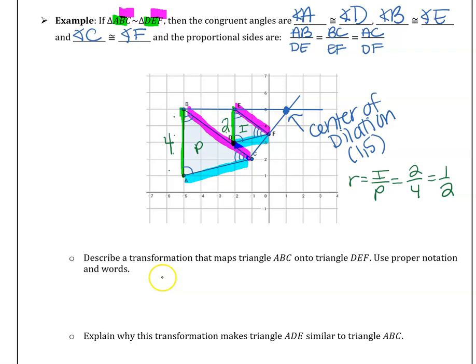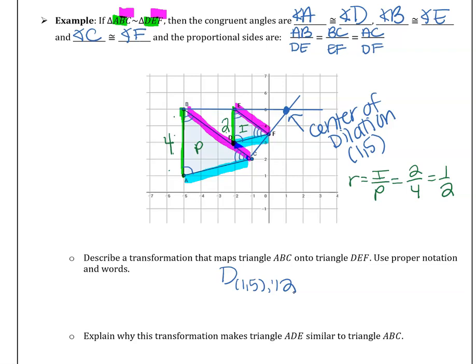All right, so writing it out in notation, I know that we dilated the triangle about the center 1, 5 with a scale factor of 1/2. Now, if you accidentally wrote 2, you should check yourself because obviously it got smaller, not bigger.